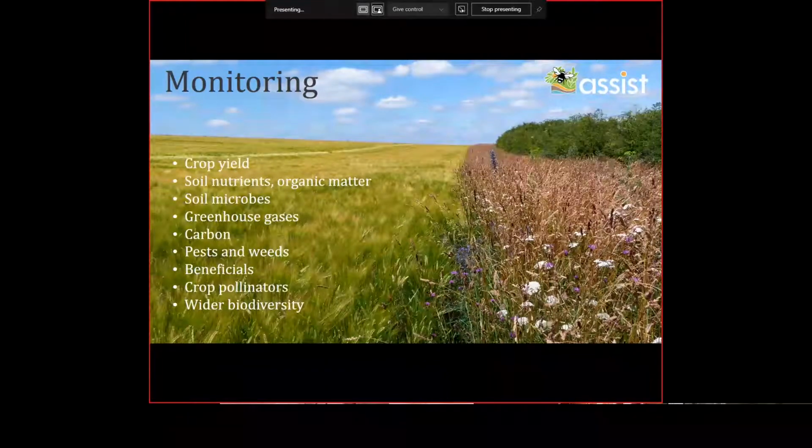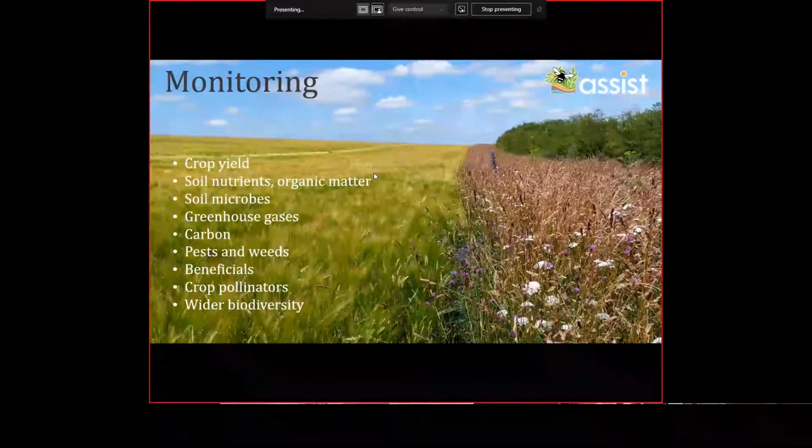As we mentioned before, we want to know whether we're causing weed problems or more pest problems. Beneficials, crop pollinators, both in the margins and strips and into the crop, and wider biodiversity. Although Julian's counting deer, we aren't formally measuring deer numbers, but we are looking at wider biodiversity.